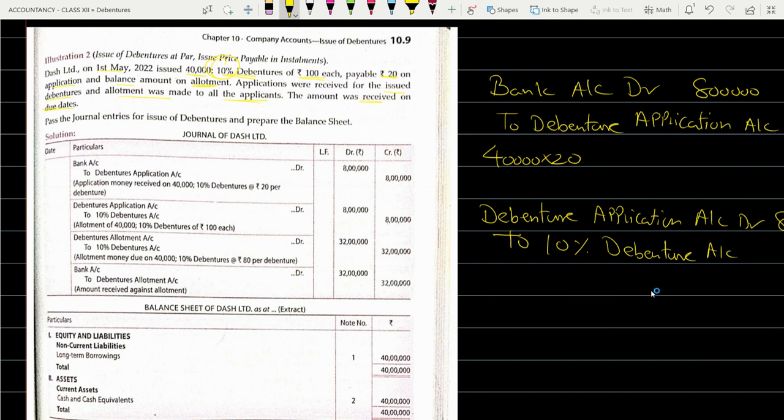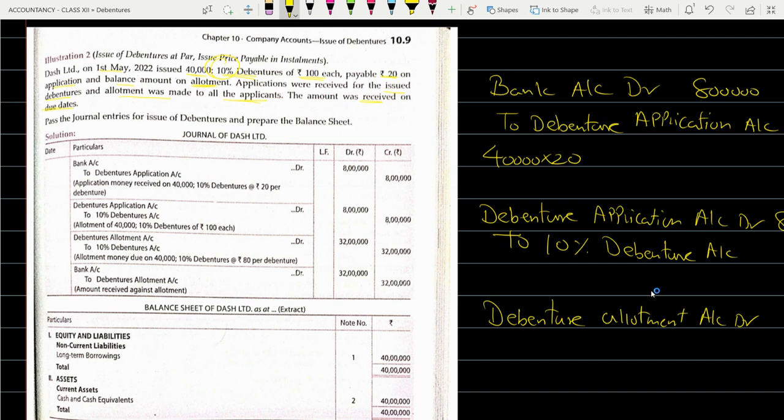Just recollect the share entry: share allotment account debited to share capital account.